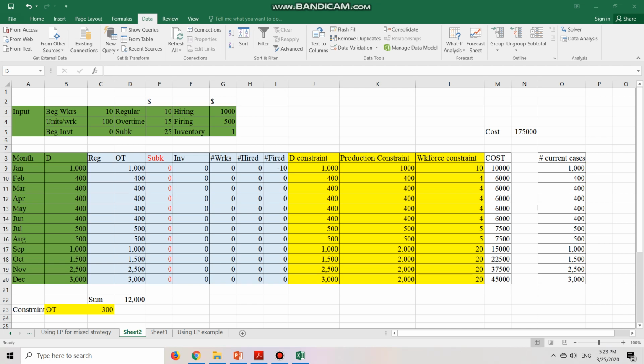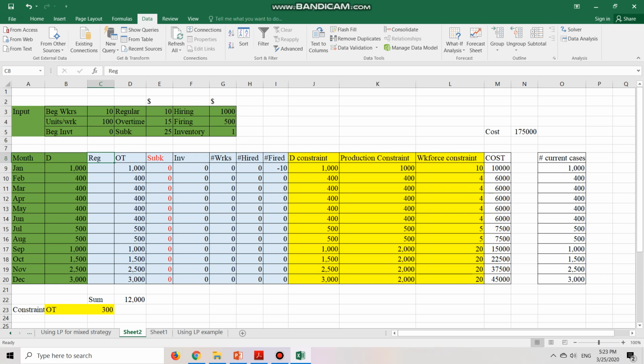Our objective here is to minimize the total cost. The decision variable here is the production planning for regular production, and we also want to know whether we should do overtime or subcontracting.